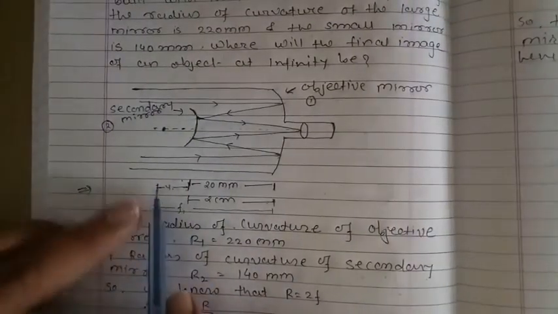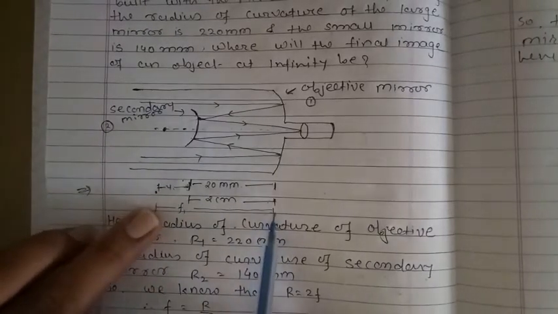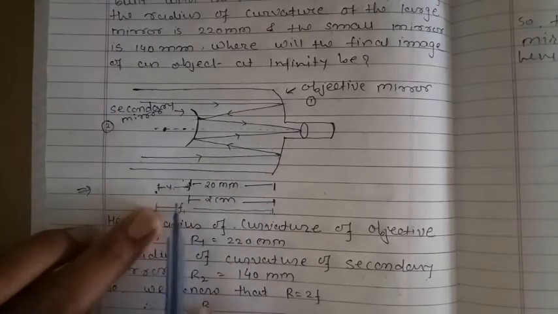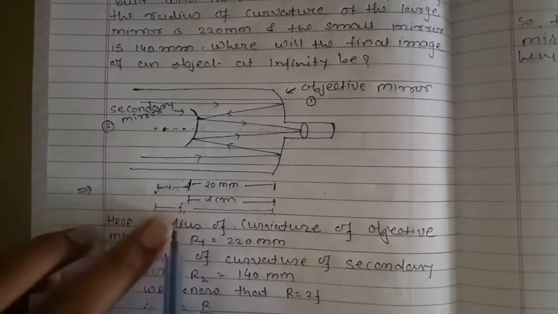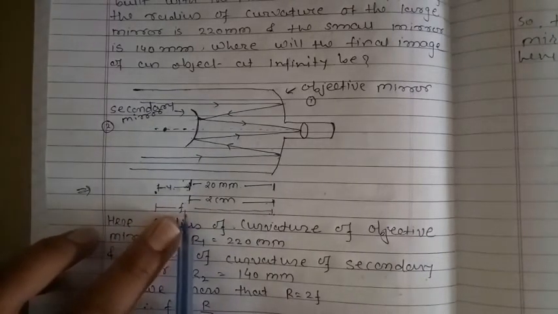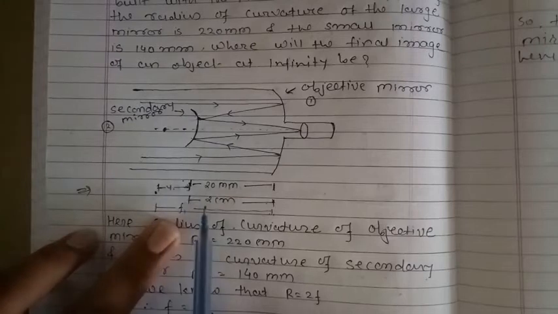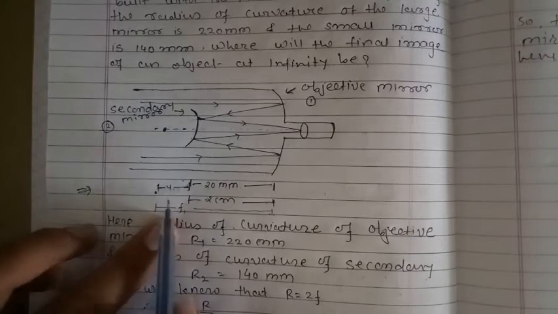Now see here, we have to find the object distance u. The total distance is f1. This is the distance between the two mirrors, 2 centimeter, right? So we can see from this figure that f1 is equal to u plus 2 centimeter, right? So we have to find u.